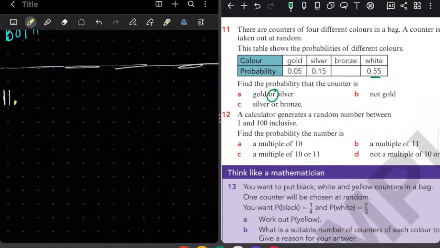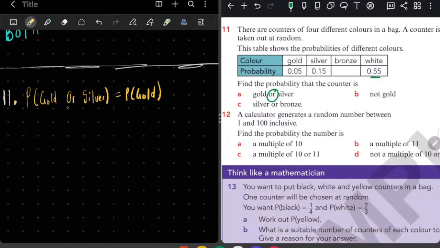Well done. So I want you to now write, everybody, it's probability of gold or silver, which is going to be probability of gold. And then what do we do with the word or? We add then the probability of silver. Are you seeing now how I wrote it? Are you all seeing? Well done. Right.